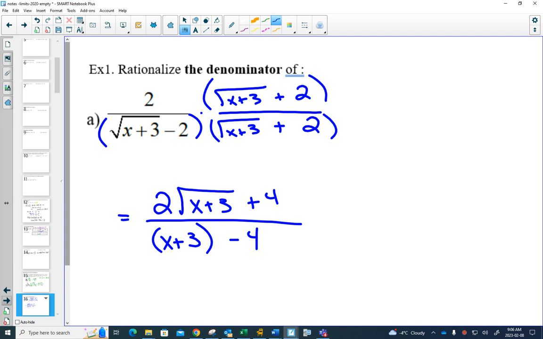Is it helpful to put this in the square root and square it? So you can really see the difference of squares? Because that's what's happening, right? We have this one squared minus this one squared. And of course, we can now simplify this. X plus 3 minus 4 will be x minus 1.